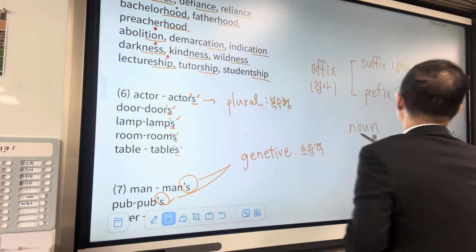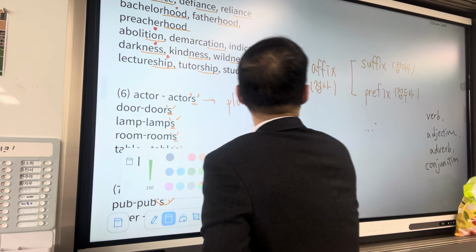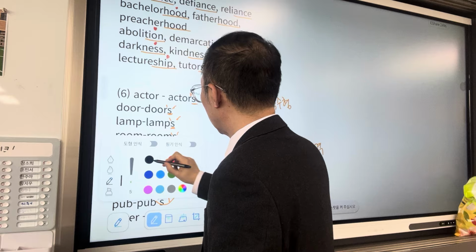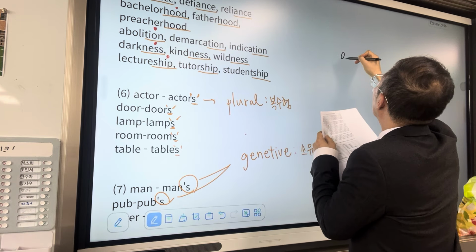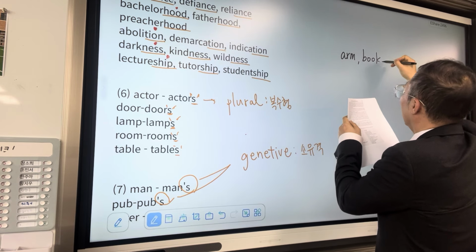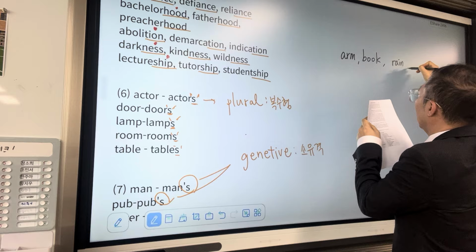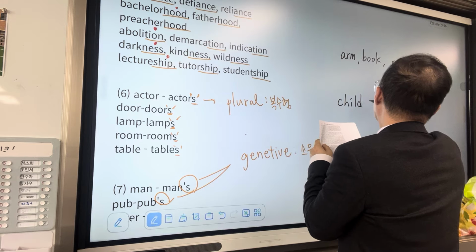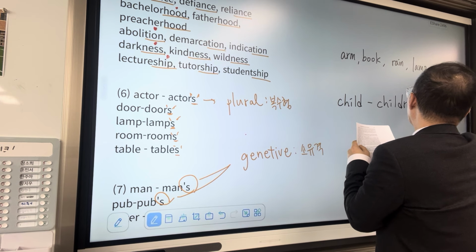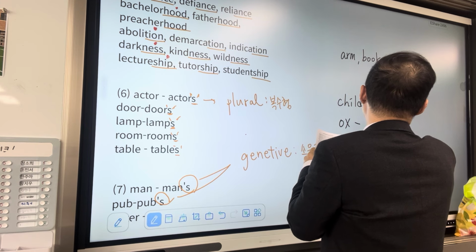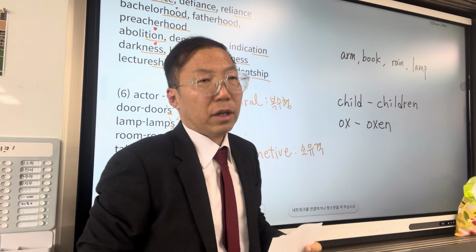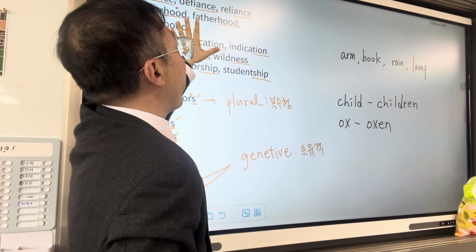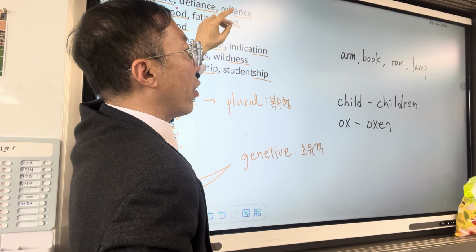So the reason why just having a formal criterion is not enough is, for example, many noun classes share suffixes.